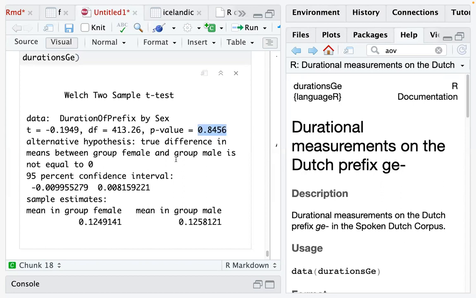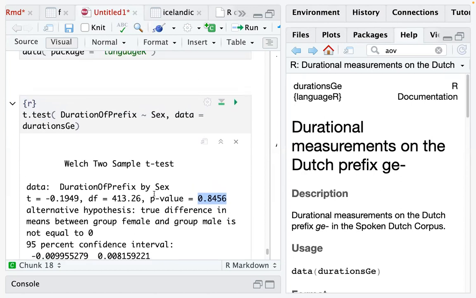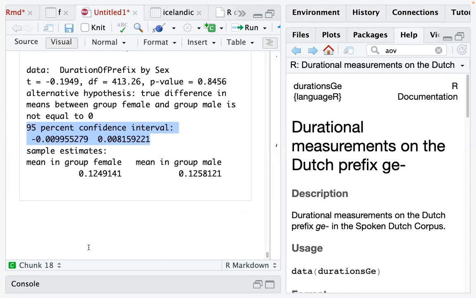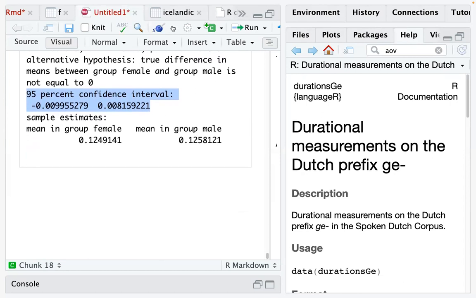So the difference is not so big. And I want to say what this sentence means. So this sentence is a 95% confidence interval.